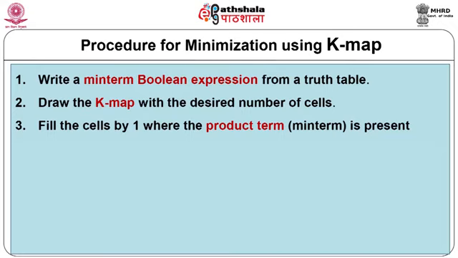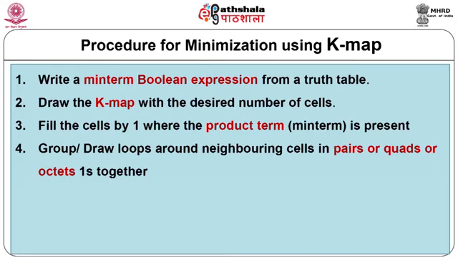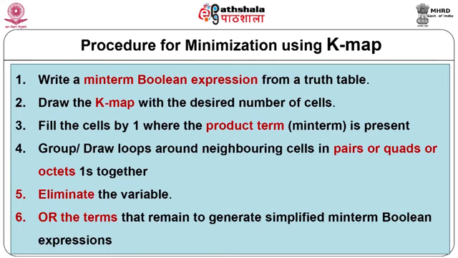Step number 4, group or draw loops around neighboring cells in pairs, quads or octets of ones together. Step number 5, eliminate the variable which is not constant in the group. When a variable and its complement are within a group, that variable must be eliminated. Step number 6, all the terms that remain generate the simplified minterm Boolean expression.